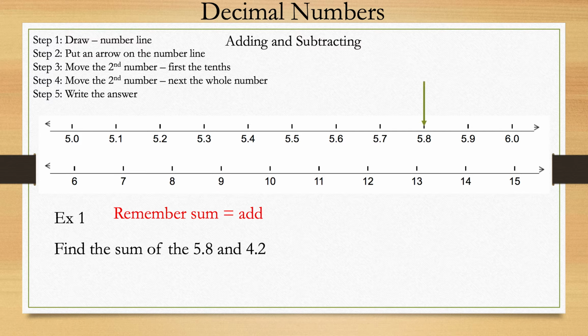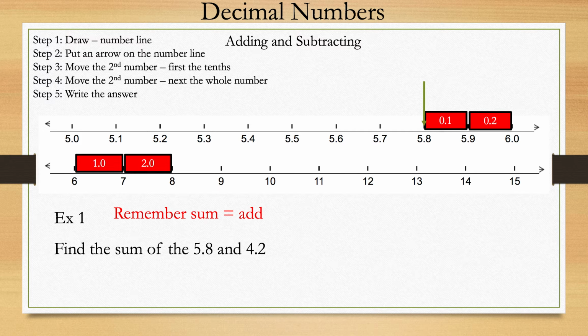So let's put the number on the number line, 5.8. And this time we're adding, so we're going to add the tenths to make our lives easier. 0.1, 0.2. Now we're at 6.0 or 6, and we need to add 4. So first things first, add the 1, 2, 3, and 4. So our answer for this one is 10.